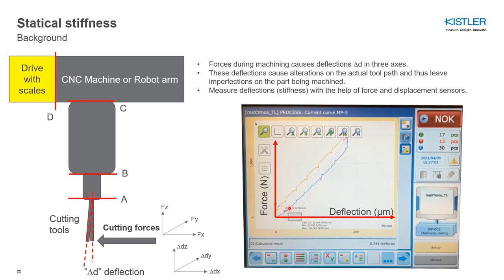And the inclination, the slope, is actually the stiffness of your system. So then you know how much your system deflects for each Newton, how many microns it deflects.